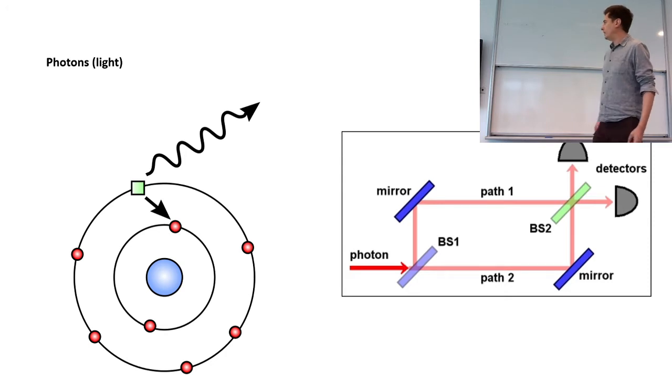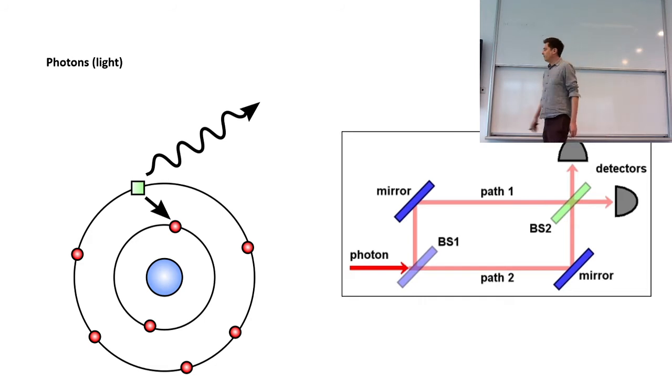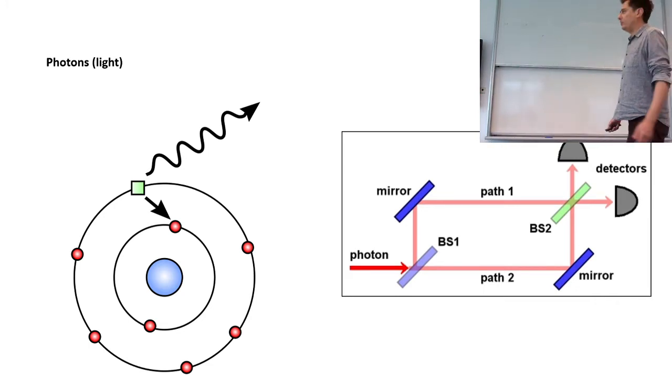So there are such things as single photon emitters, and even then you can encode the information in many different ways. You could encode the information in the polarization of the photon, or even in which path it goes down. You've got this beam, these are beam splitters. If it goes down this path, it's logical 0, and if it goes down this way, it could be logical 1. So that's another approach, and there are many different approaches within photons.